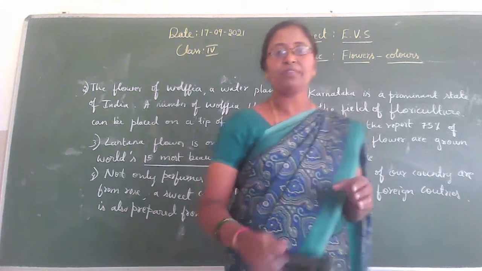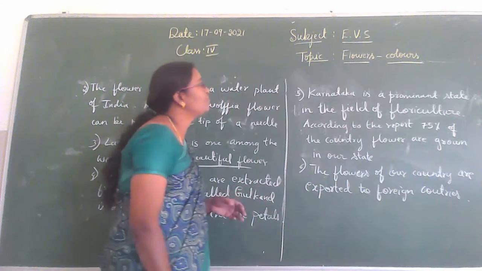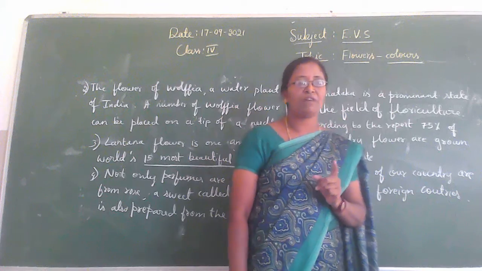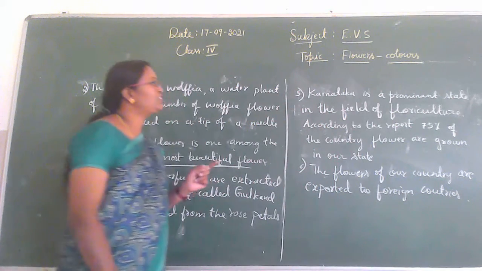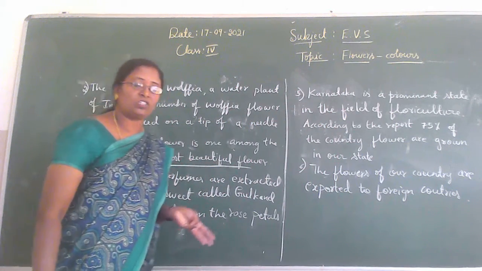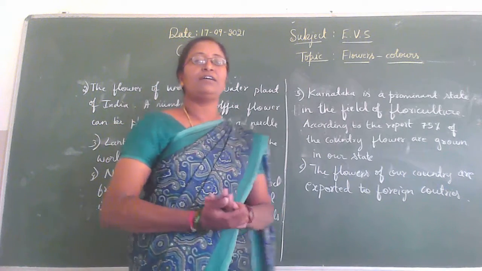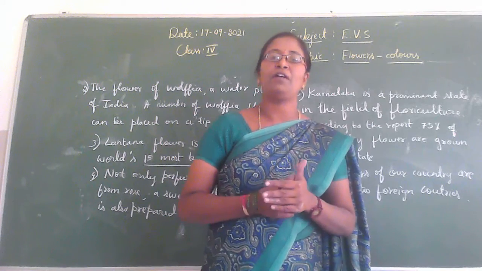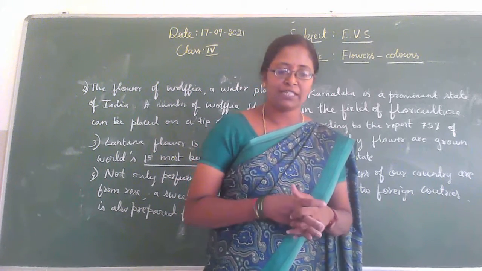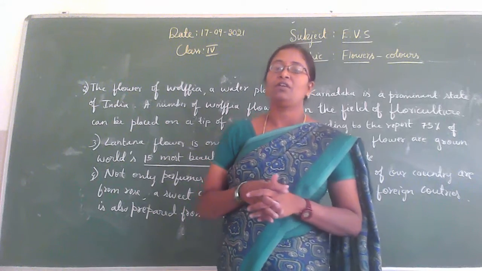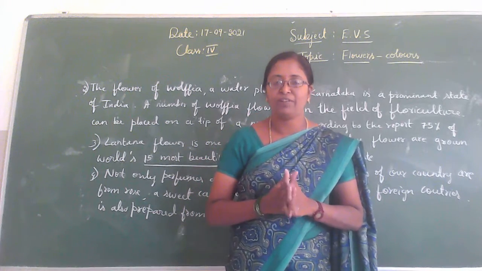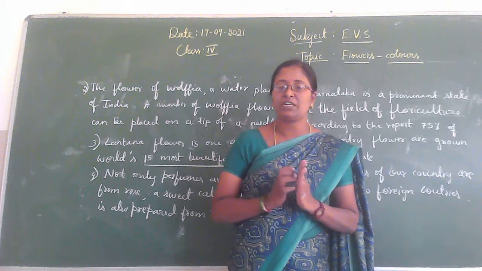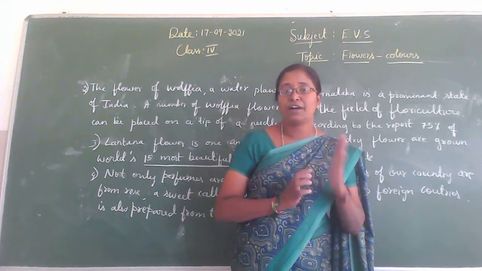Okay. These are all about the lesson called flowers and colors. I have given more information about flowers, which is the largest flower in the world and which is the smallest flower in the world. What sweet is prepared using rose petals. And about floriculture, I have told that 75% of the flowers are grown in our state, according to the report.